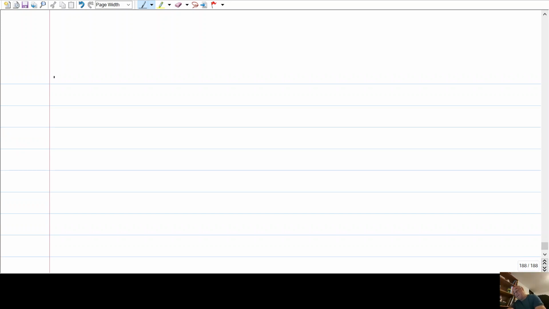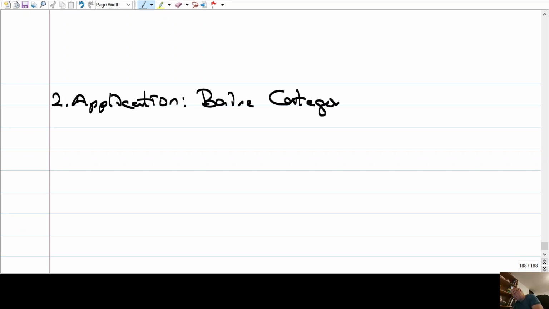Okay. Next application. So the second application will be the Baire category theorem. Let me state the theorem, but I'll prove it next time. So theorem.